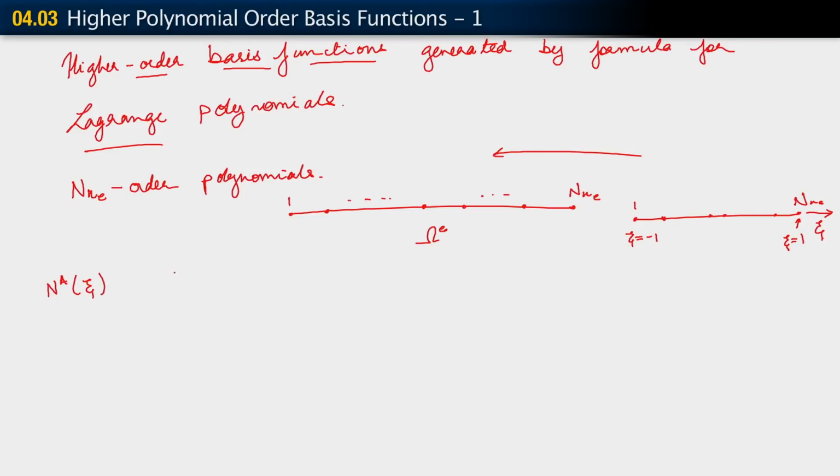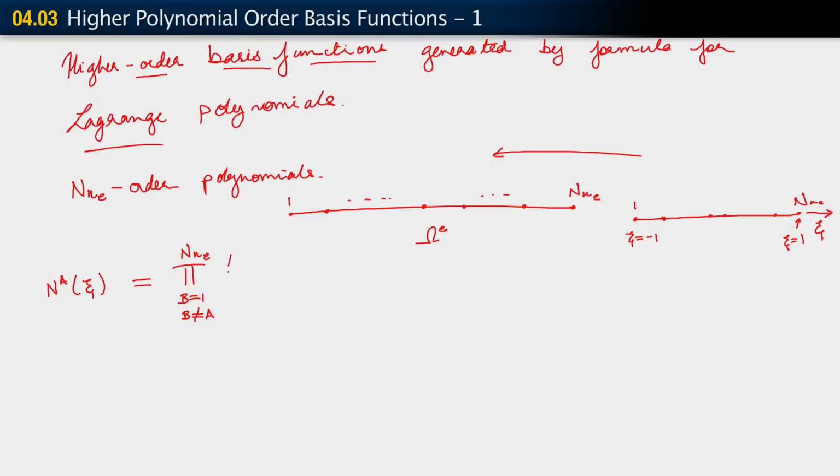In terms of ξ, it is the following. It is the product over B equals 1 to the number of nodes in the element, however B cannot be equal to A, where A is what we have on the left hand side.